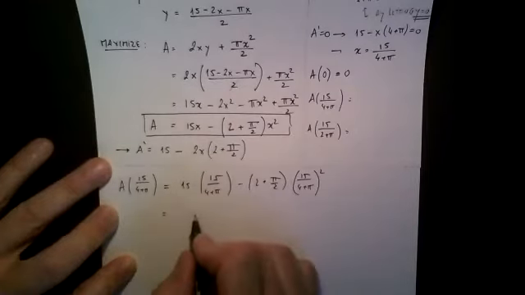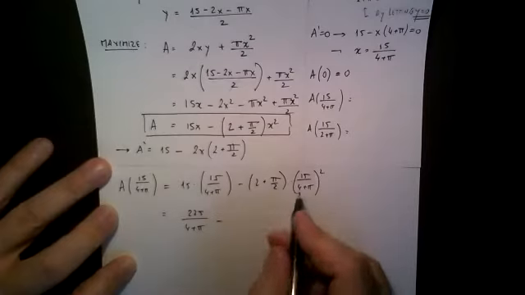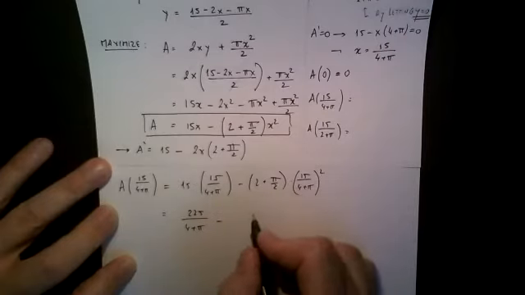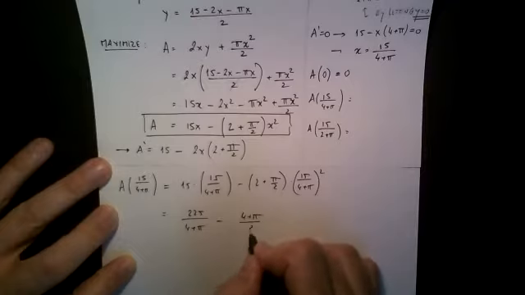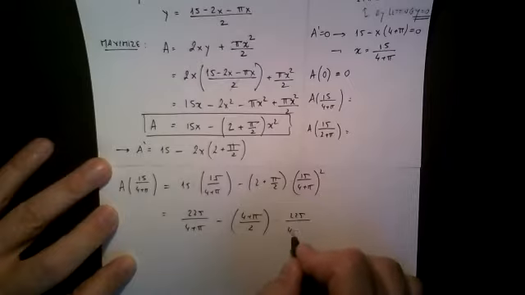So I get 225 over 4 plus pi minus 4 plus pi over 2 times 225 over 4 plus pi squared.